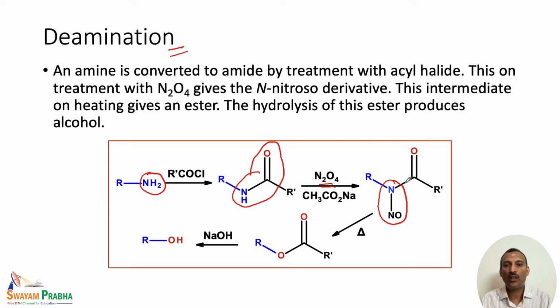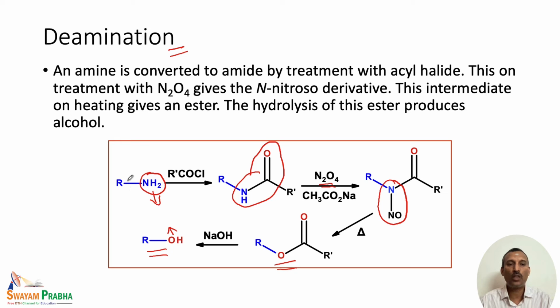This on heating gives the corresponding ester. The nitroso group is replaced by the oxygen unit, and because this is an ester, hydrolysis of the ester actually gives the corresponding alcohol. So, in this particular case, the amino group, the NH2 group, is replaced by the hydroxy group, that is the OH group.